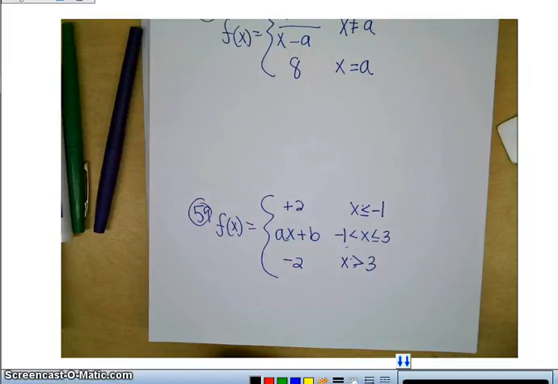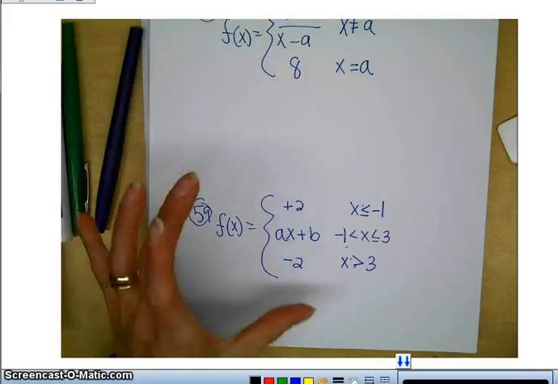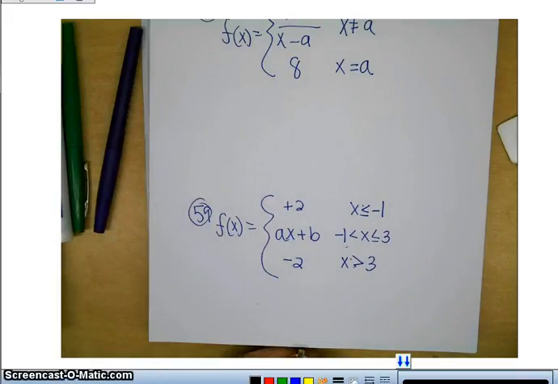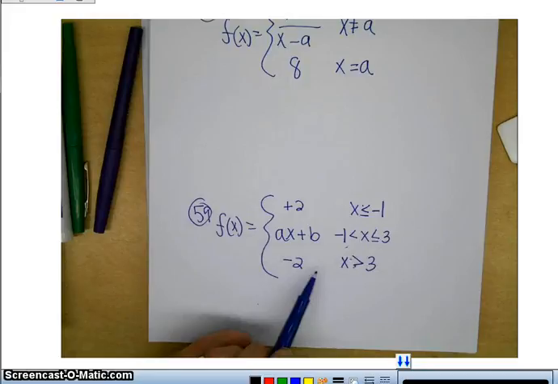Okay? You have to be able to take knowledge or notes that you get and apply it to problems that may look slightly different, but are asking you to do the same thing. These two are done exactly the same way. We want to make sure that it's continuous. So what did we talk about when we solved the other ones?